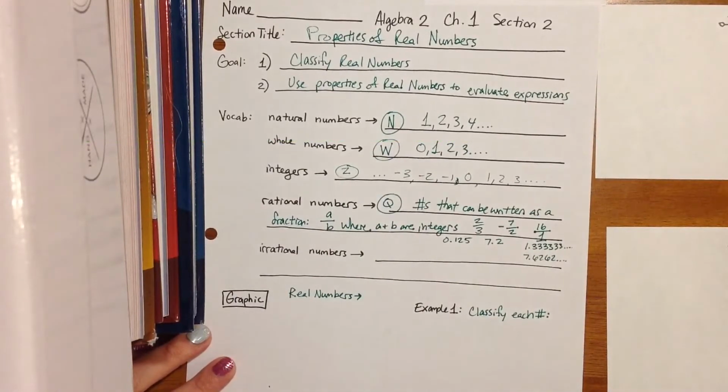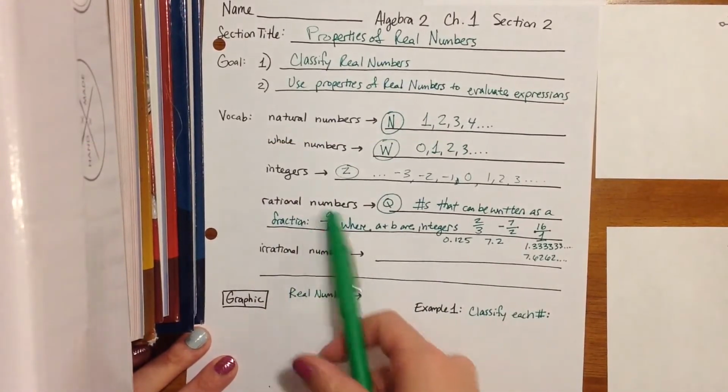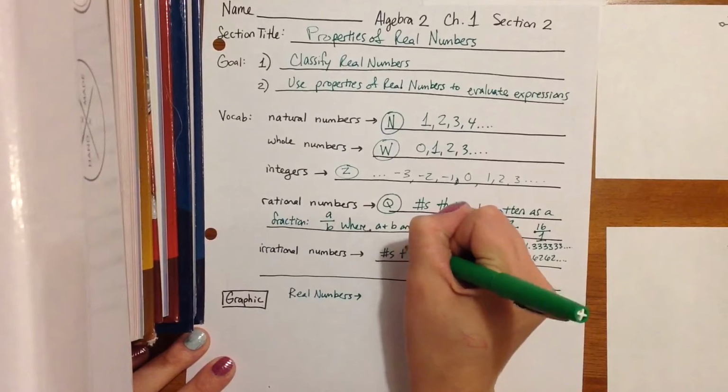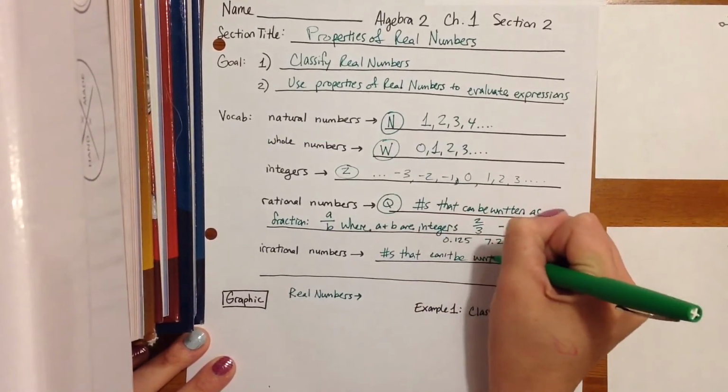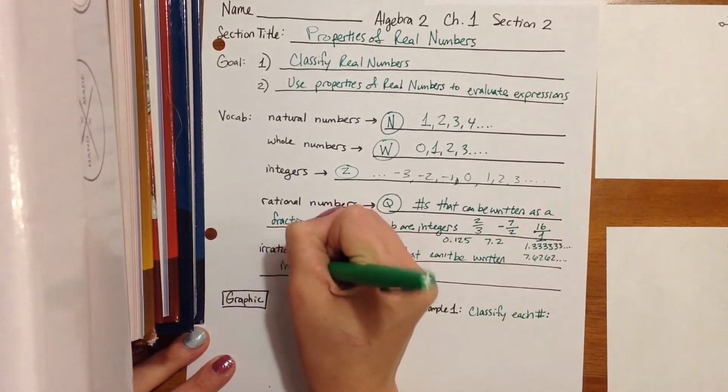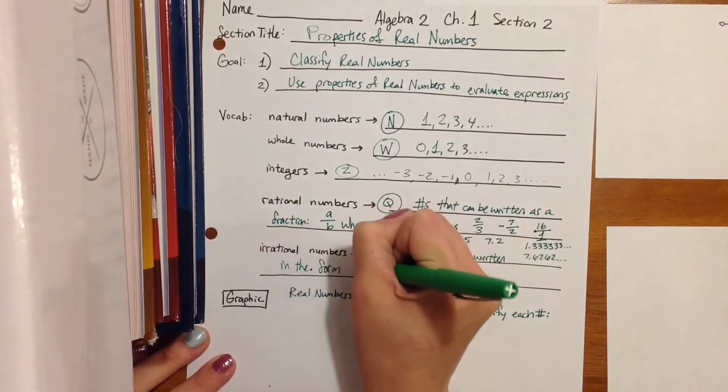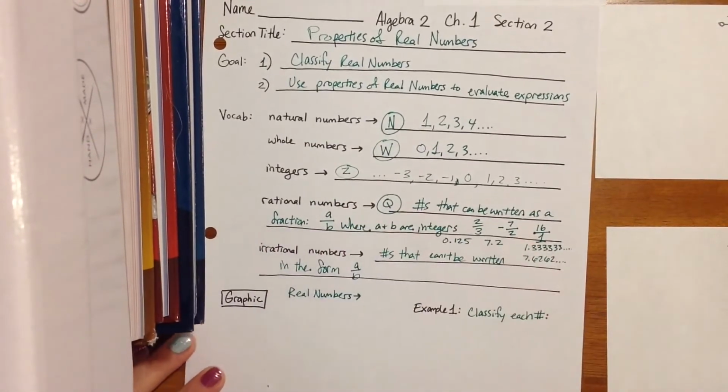Now we have irrational numbers, which are numbers that cannot be rational numbers. They can't be written in the form A over B. So these are numbers with really awkward decimals.